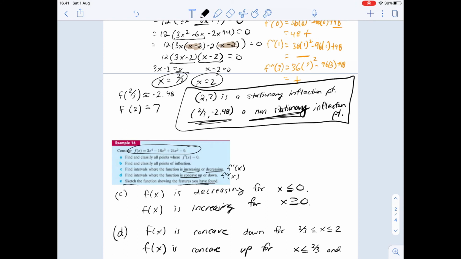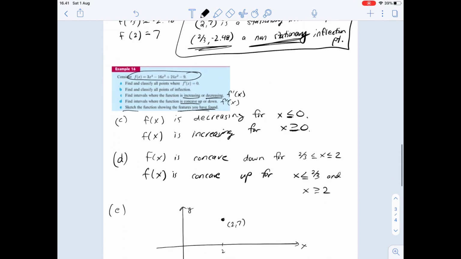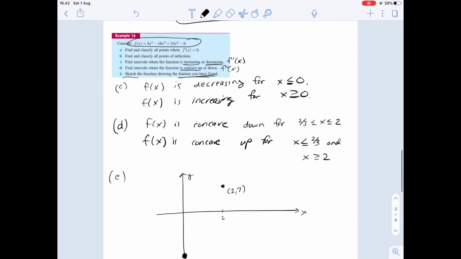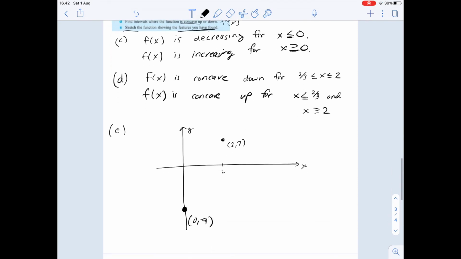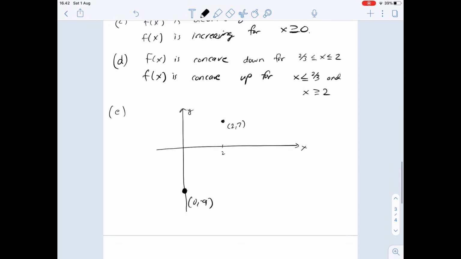And then we have (2/3, -2.48), a non-stationary inflection point. So (2/3, -2.48), something like right there, maybe.